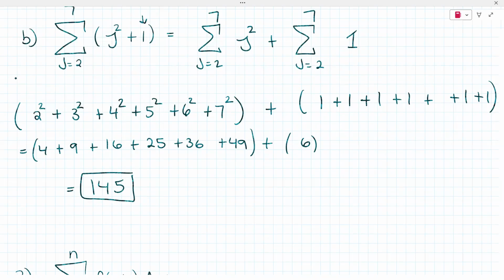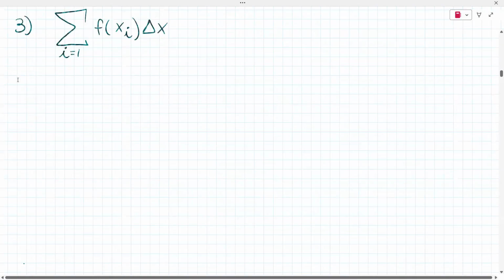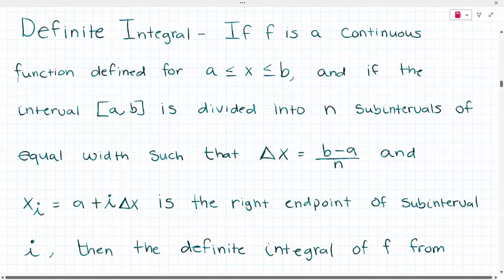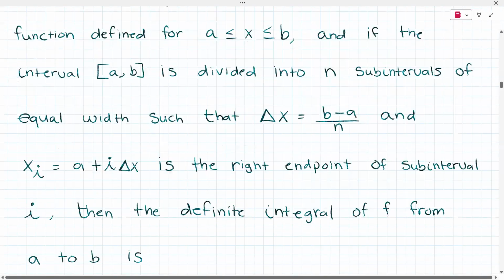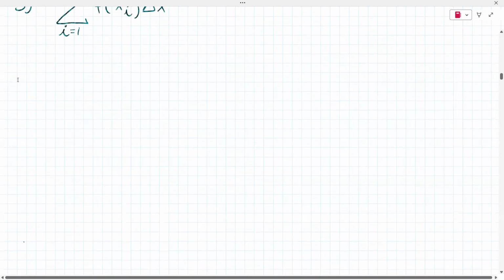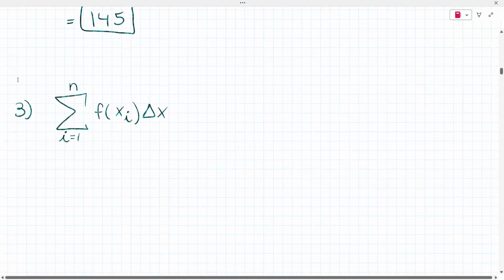Okay, so we can go over the rules. And then 3 is slightly different. We don't have an nth formula.